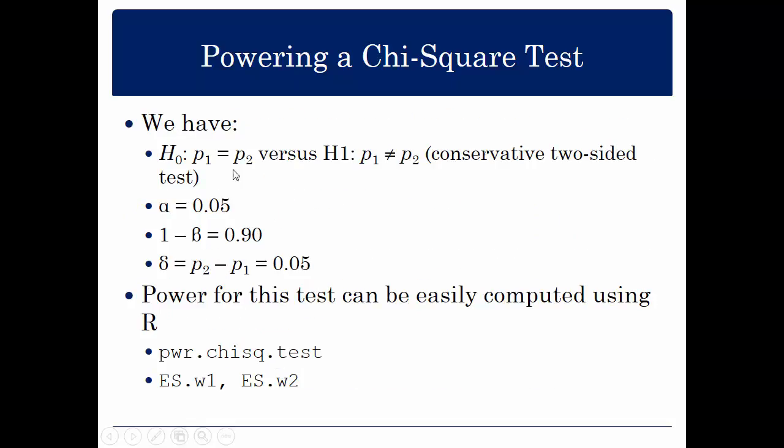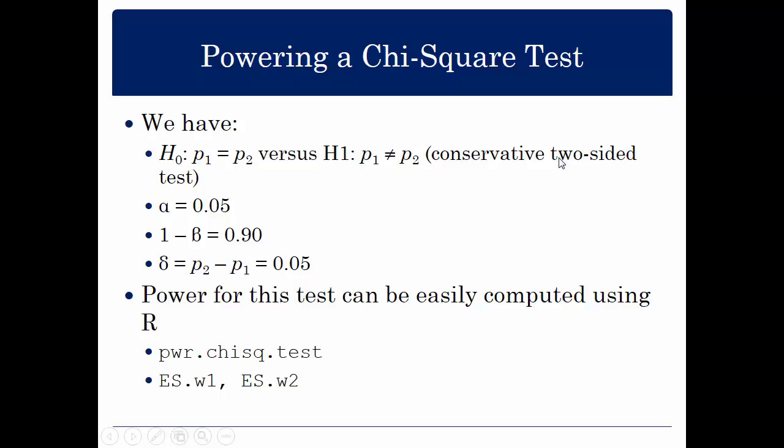In order to power the test, we have to lay out the information that we have, our null and our alternative, which is our research question. Are the one-year mortality rates the same or are they different? This is a conservative two-sided test because I want to also be able to detect if this therapy hopefully doesn't, but it could potentially increase mortality.